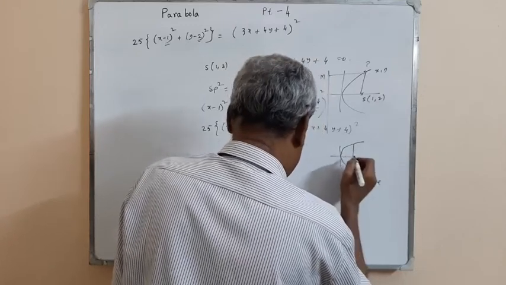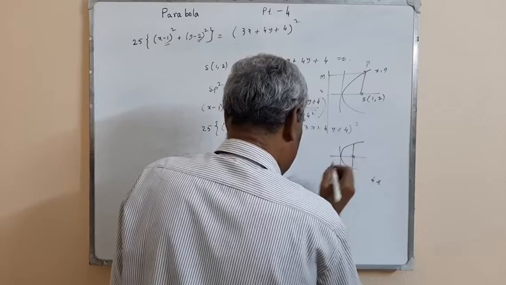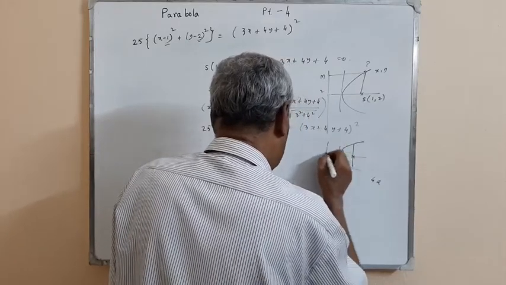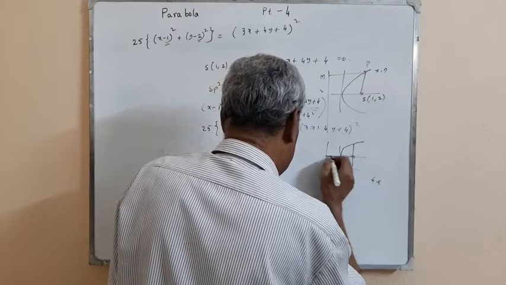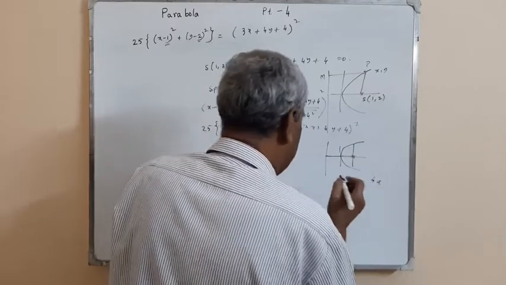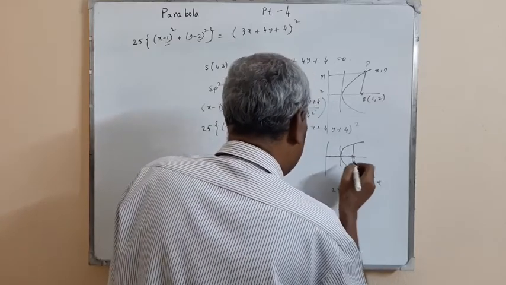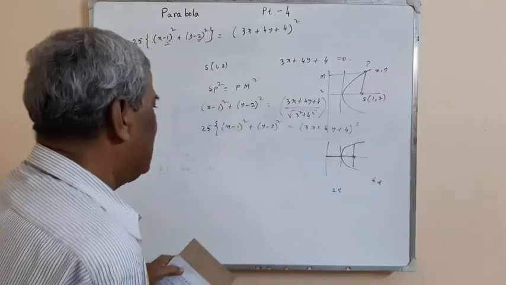What is a? a is the distance from focus to vertex. Or from focus to the equation of directrix, this is a. Focus to directrix is 2a. So latus rectum will be 2 times the distance from focus to the equation of directrix.